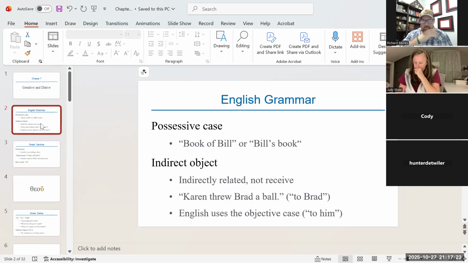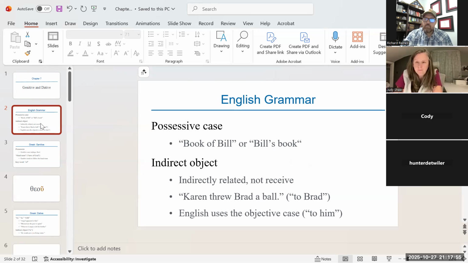Now, if you don't remember indirect objects from high school, if we say that Karen threw Brad a ball, in English, Karen is the subject, threw is the verb, ball is the direct object because it's what was thrown, right? It's the direct object of the verb.